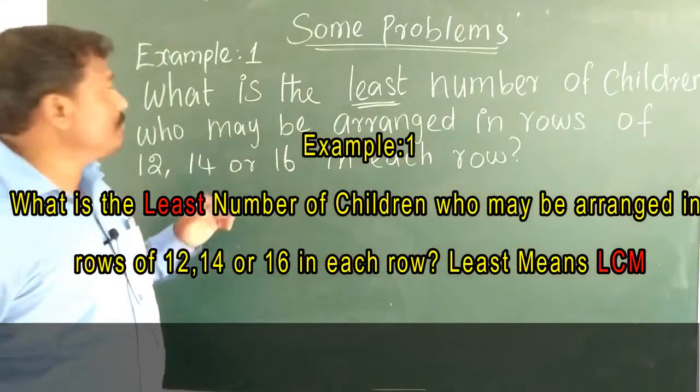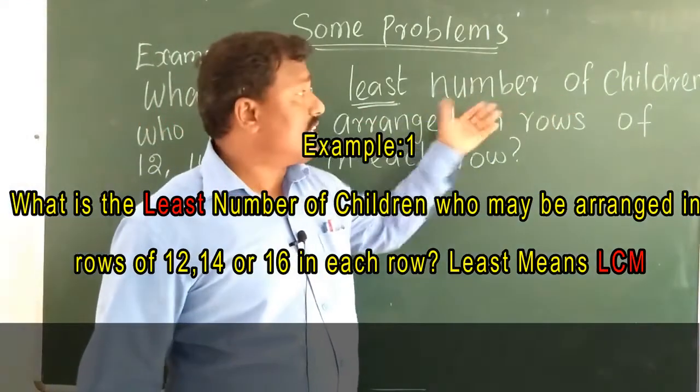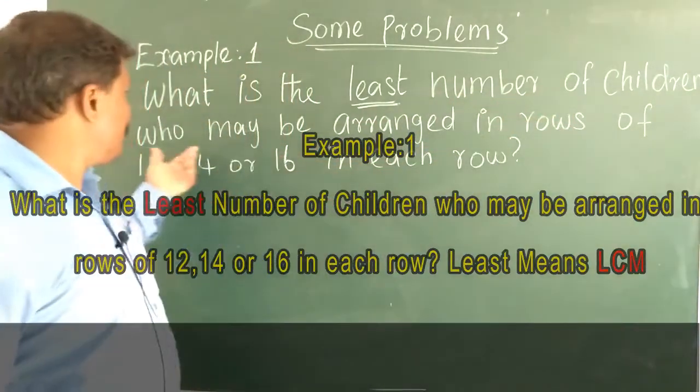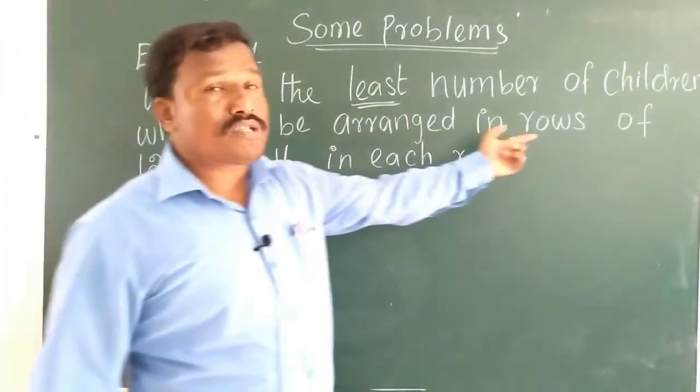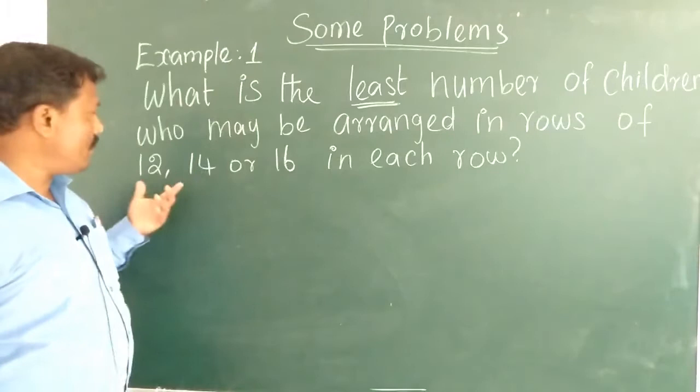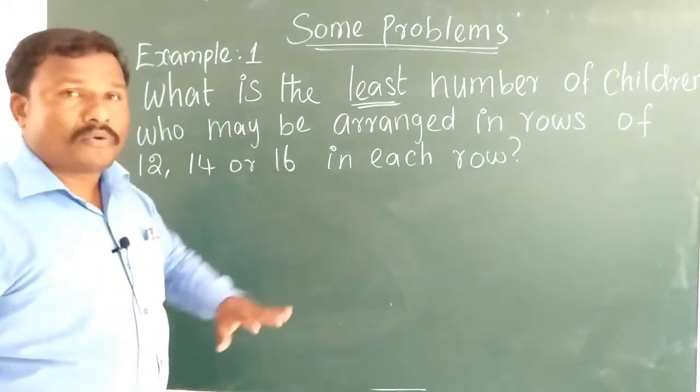What is the question? What is the least number of children who may be arranged in rows of 12, 14 or 16 in each row?